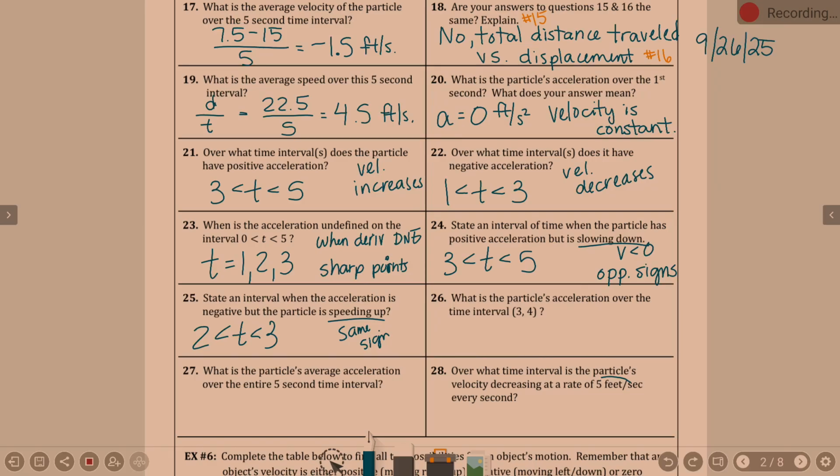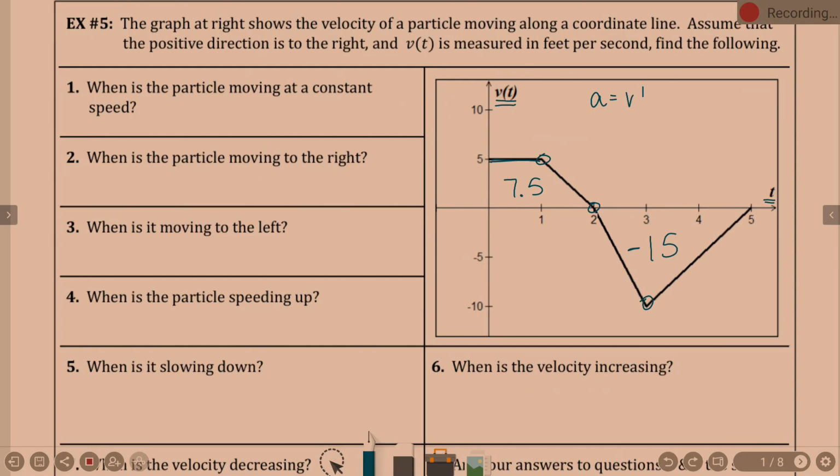What is the particle's acceleration over the time interval 3 to 4? What do we know about acceleration? Acceleration is the derivative of velocity, so it's the slope.